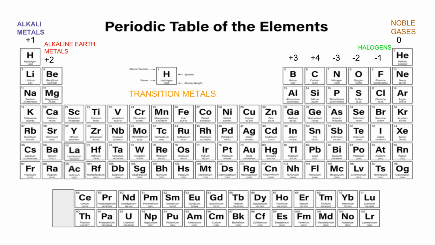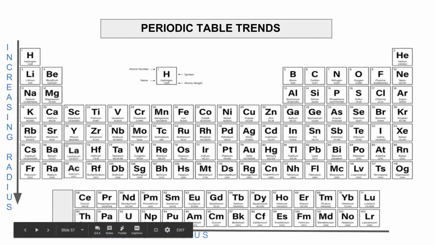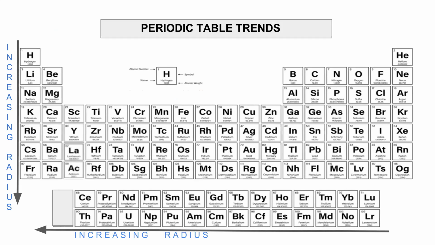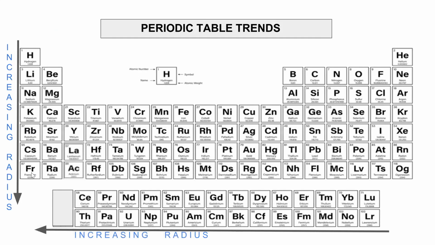So up to this point, you have that much information about the periodic table. Now let's take it up a notch with a periodic trend. Back in class, as you increase your energy level, your atomic radius increases. If you go all the way down to Fr, which is francium, shout out to France, francium has the largest atomic radius, because we're going down as many energy levels as possible, up to 7 in this periodic table.